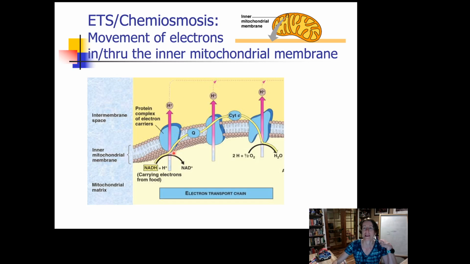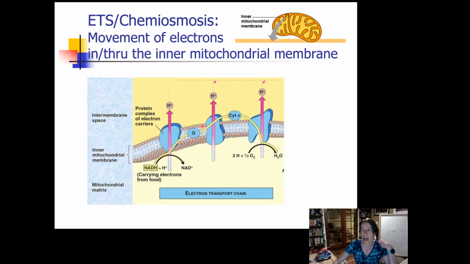And they're getting forcibly pushed by a pump into this space. They have to be pumped because there's already a lot of them here from all these other pumps that are pumping hydrogen ions. So what we're trying to do here is accumulate a high concentration of hydrogen ions in the intermembrane space. We're piling up hydrogens in this space, trapping them in this little space here.